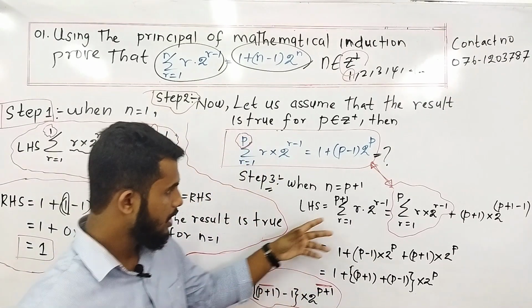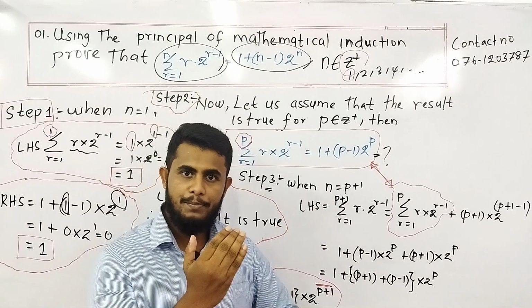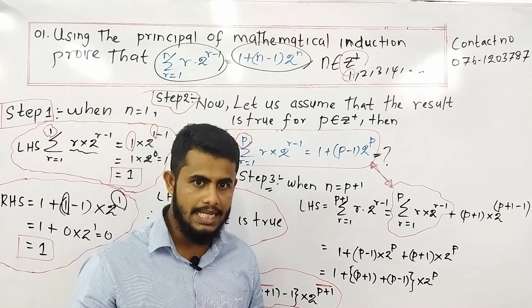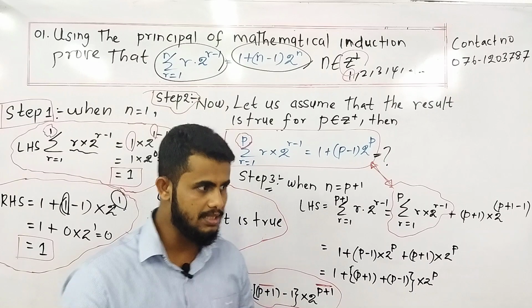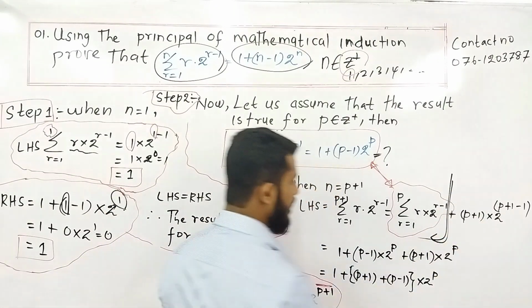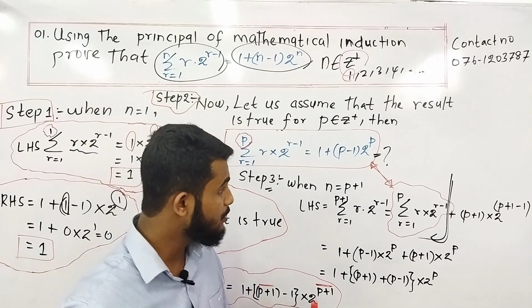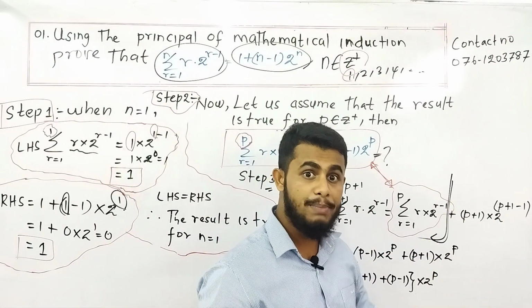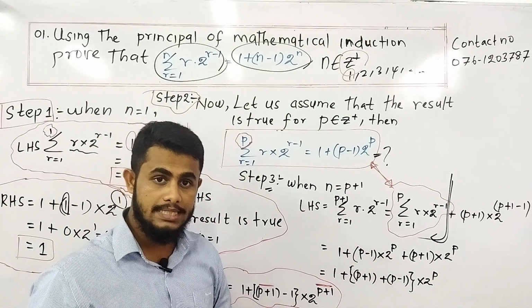You all know that if we have a summation up to p plus 1, then I can divide the summation into 2 parts. I make the summation up to p, then I can put the value p plus 1 in the general term.